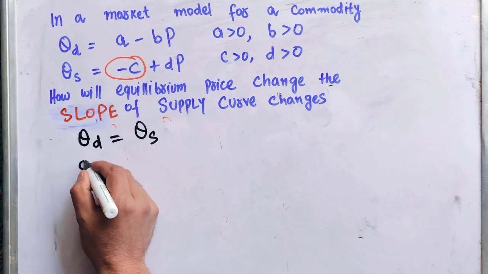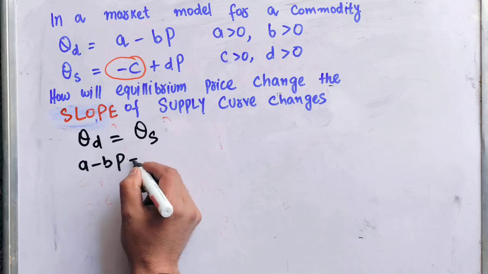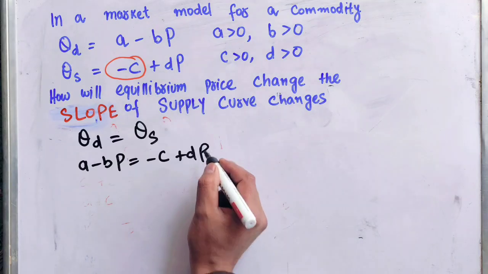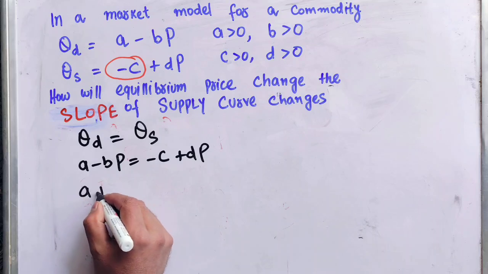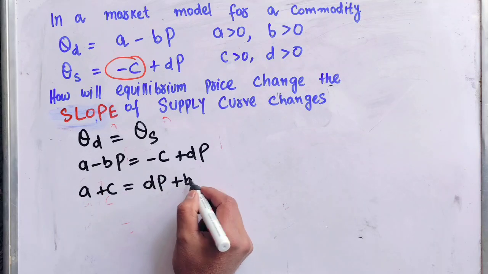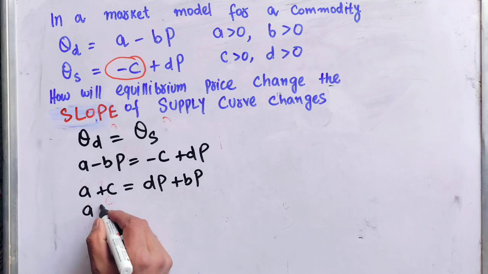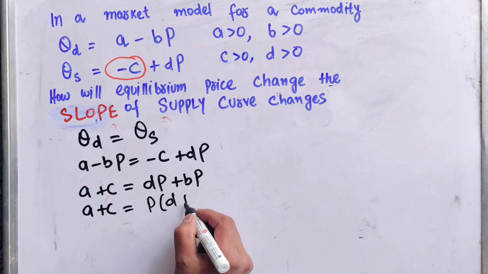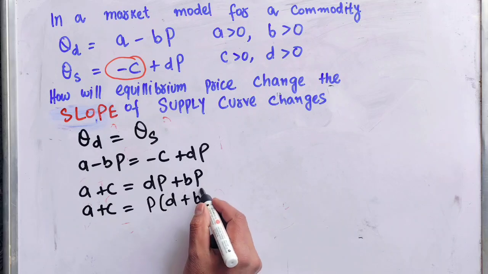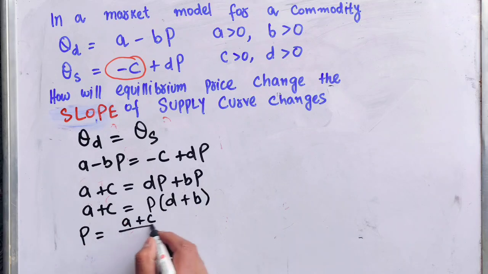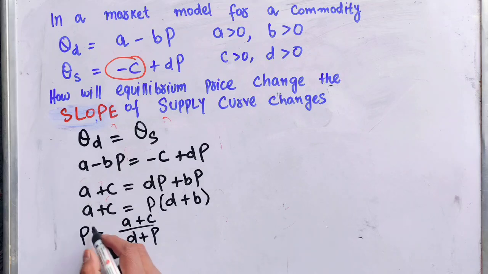A minus BP is equal to minus C plus DP, so A plus C is equal to DP plus BP, or A plus C is equal to (D plus B) times P. Our equilibrium price is A plus C divided by D plus B.